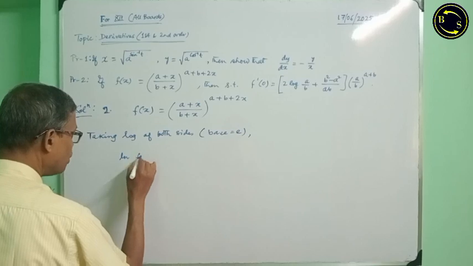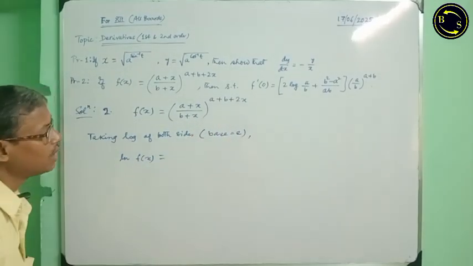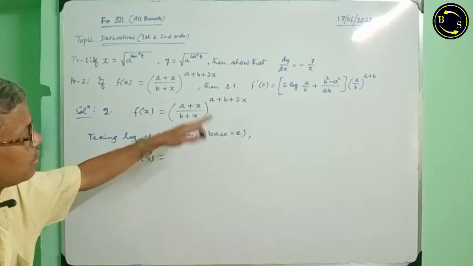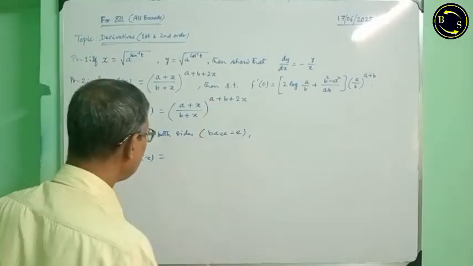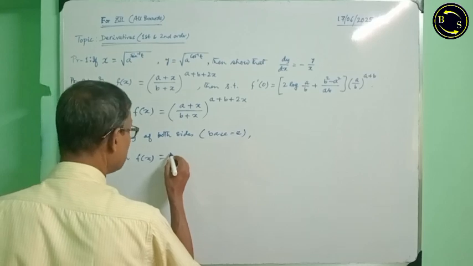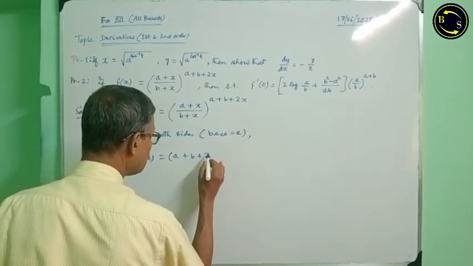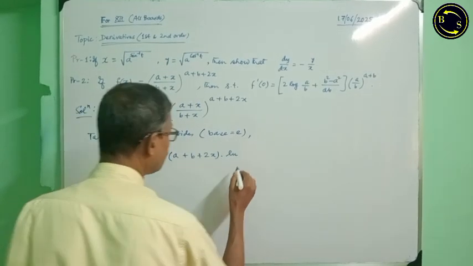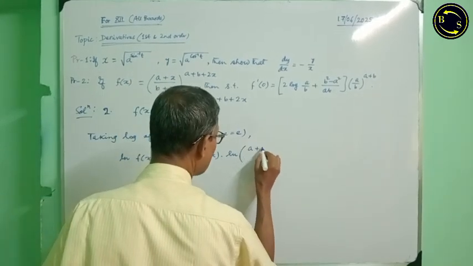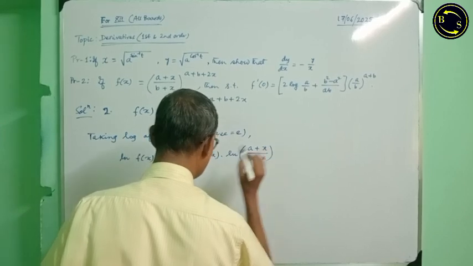Log f(x) is equal to, if I take log of this form, the power will be taken first in front, (a plus b plus 2x) into log of (a plus x) by (b plus x).